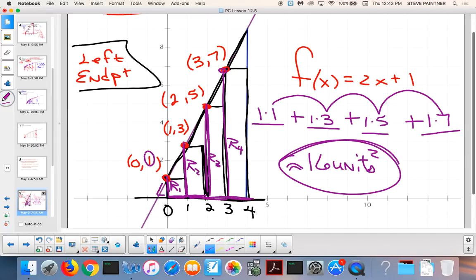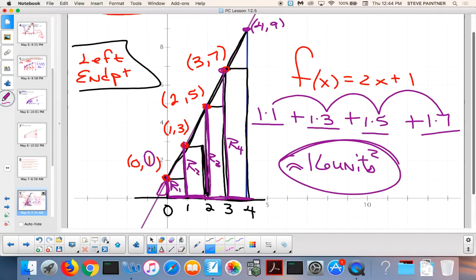Like 0 to 4 is one side. Yep. And then 4 to 9 is the other side of the rectangle, and then you cross it over. And then you just subtract the tiny triangle. No, like the triangle on the top, you find the area of that and subtract it from the rectangle. Yeah. But that's like exact. I'm not looking for exact right now.